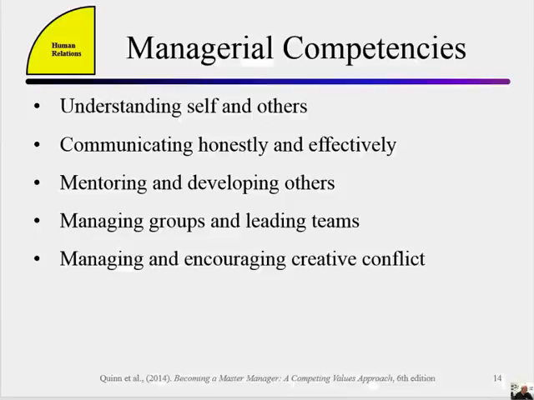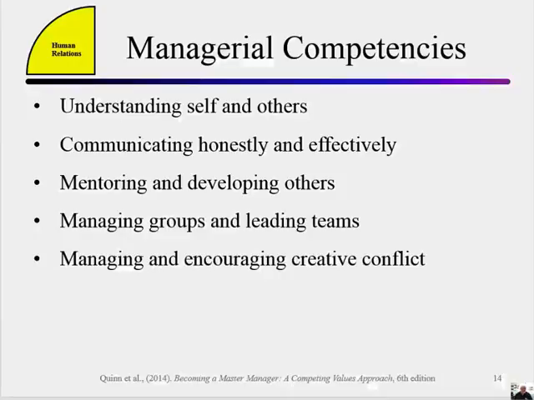So you've got to understand what it's like to be in their shoes if you're going to produce great results. And you've got to manage and encourage conflict and sometimes bring conflict out. You've got to bring it to the surface so it can be dealt with positively and that people can continue this atmosphere of collaboration, which is so essential to this model.